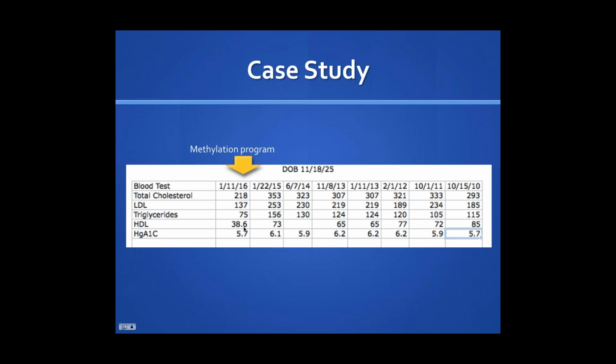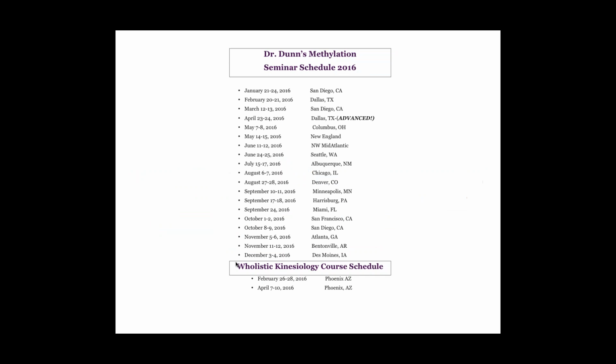Her HDLs dropped too, which is a little bit lower than I like to see, so we're going to be working on that. But her hemoglobin A1C dropped from its highest at 6.2 down to 5.7. Pretty stunning results. And again, we didn't do a statin. We didn't even do a natural statin or red yeast rice or anything like that, just methylation. And it had a tremendously powerful effect on her cardiovascular health.